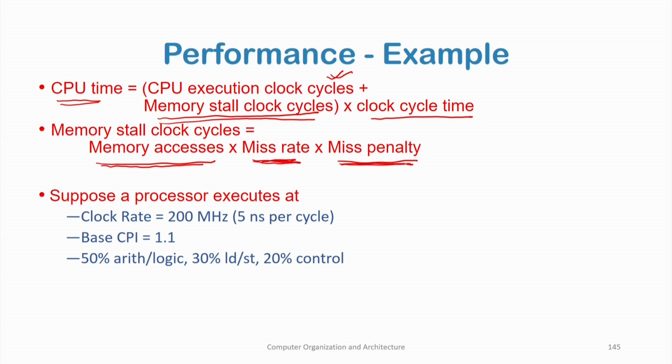Okay. And with this we will take an example. Suppose a processor executes at a clock rate of 200 megahertz. So, my cycle time is 5 nanoseconds, fine, and I have a base CPI of 1.1.